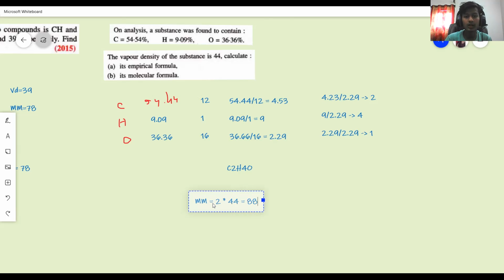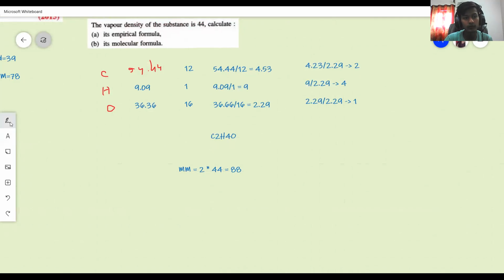Now we have the molecular mass of the compound, and through the empirical formula we will calculate the empirical mass. For C2H4O, C is 2 into 12, H4 is 4 into 1, and O is 16.